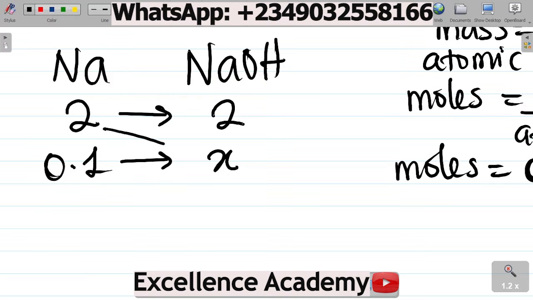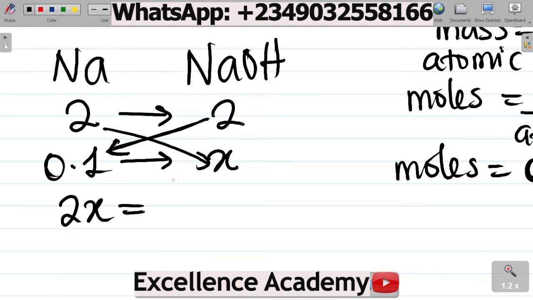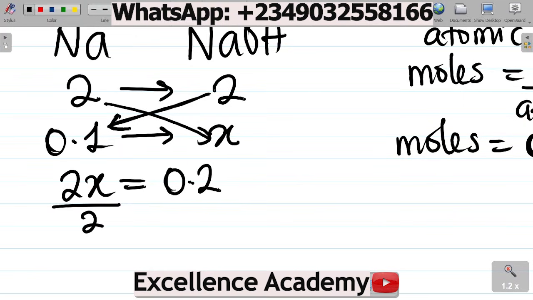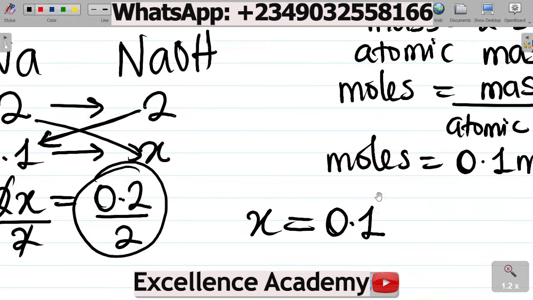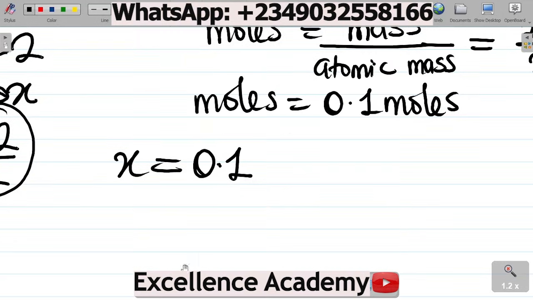Cross multiply: 2 times x, and 2 times 0.1. So 2x is equal to 0.2. Divide both sides by 2, so x is equal to 0.2 over 2, which gives you 0.1. That means 0.1 moles of sodium will give you 0.1 moles of sodium hydroxide.